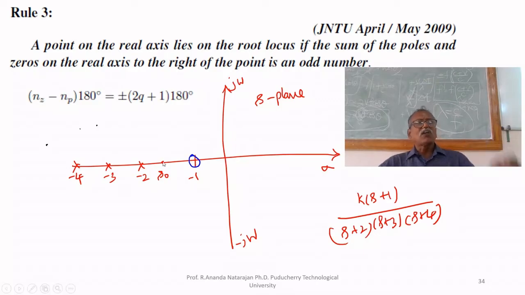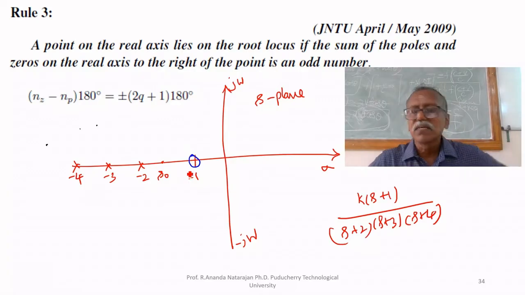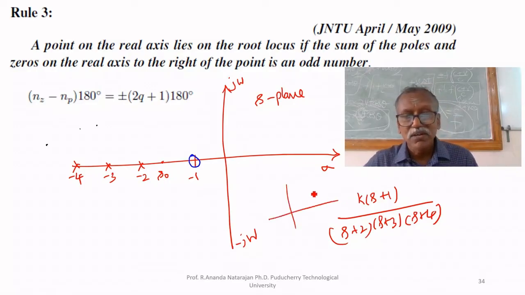Whether this point is on the root locus or not, how to check? We have already seen the Evans condition. We will draw a line from that point to all poles and zeros. We will measure the angles theta 1, theta 2, theta 3.